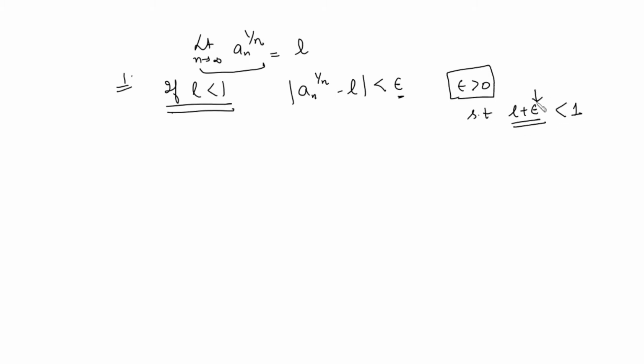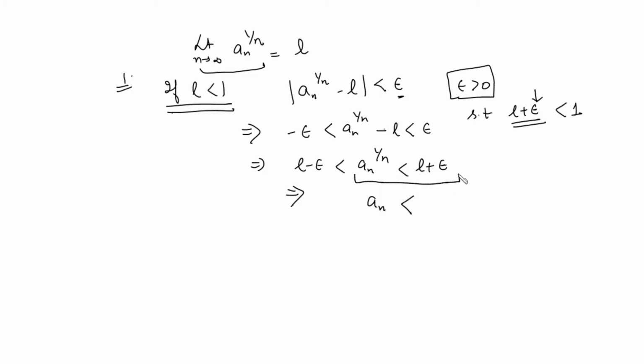We have to choose epsilon so small that L plus epsilon is also strictly less than 1, right? Now just simplify this. What will you have? You have a_n to the power 1 by n minus L lying between this, so you will have that this is lying between this. Further, you will have the nth term on this side strictly less than (L plus epsilon) to the power n.